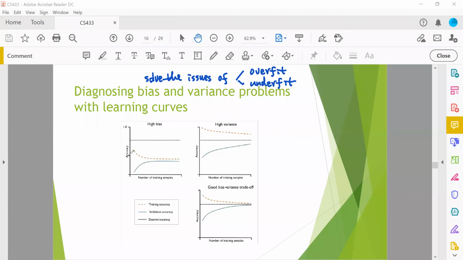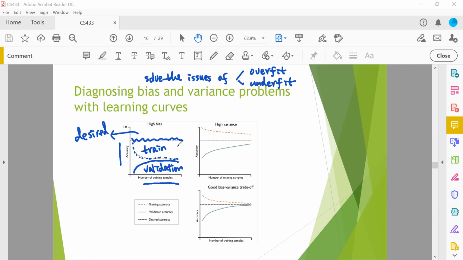So the first scenario: this is the number of training samples, and the y-axis is the accuracy. This is the desired accuracy, suppose 95% or 90%. This is the training accuracy curve, and this is for validation.